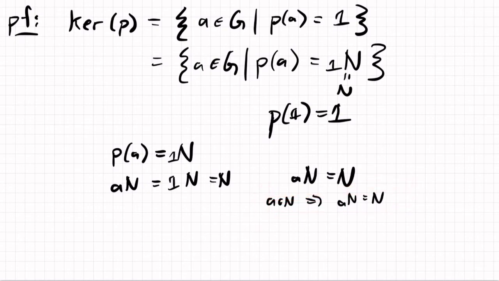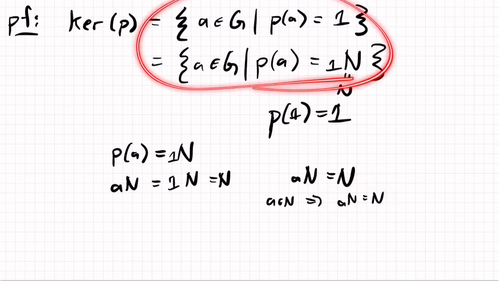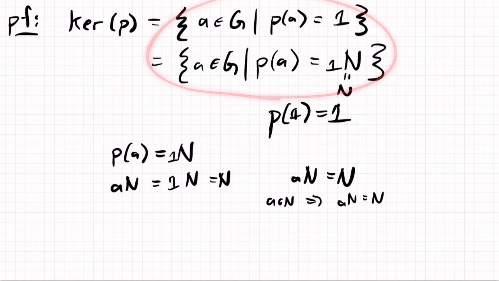That will show that if A is in N, then A is in the kernel, because A has this property, which we figured out was what the set of things of the kernel were.